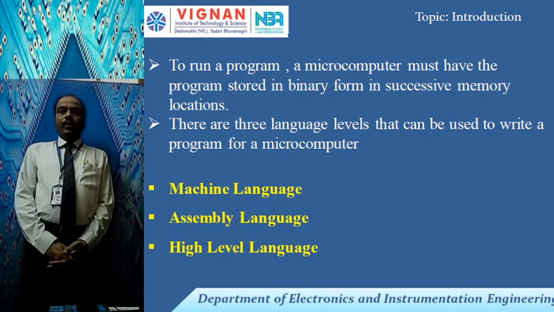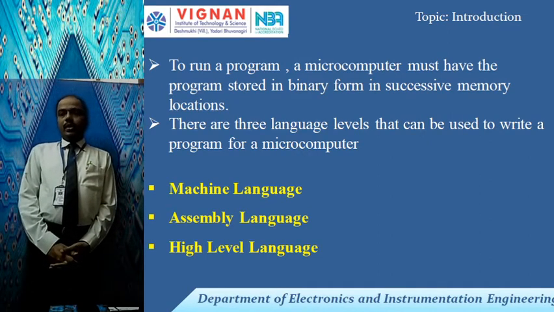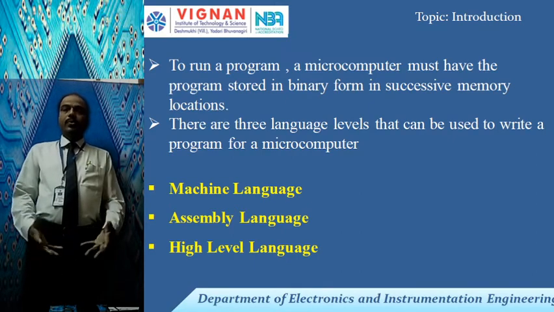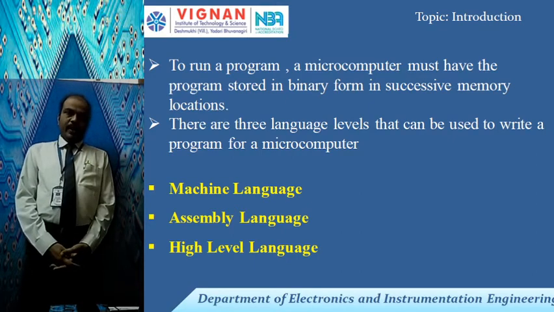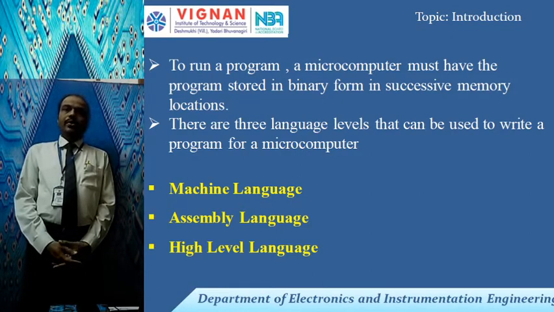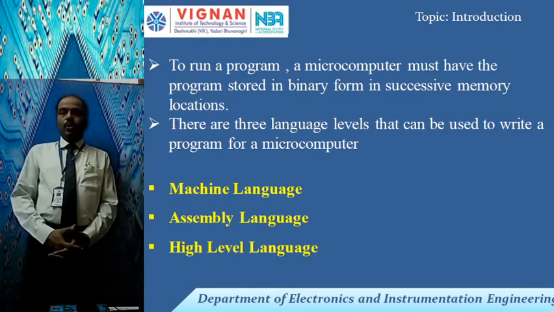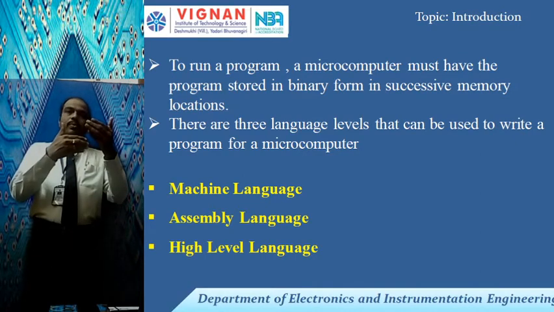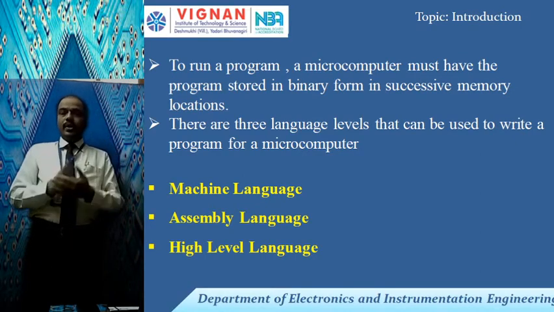What is an instruction and what is a program, generally? A program is nothing but a series or group of instructions to perform a particular task. If you want to write a program for addition of two 8-bit or two 16-bit numbers, you require a minimum of 2 to 4 instructions.